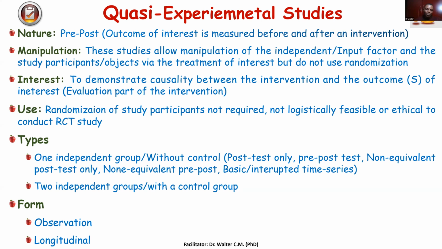It means there are ethical issues that you need to address. And this being ethical, quasi has no place in that. So if you have a study where the input factor will benefit the intervention more than the control, this is unethical. You need to ask yourself twice: should I continue the course or should I change it into a randomized controlled trial?